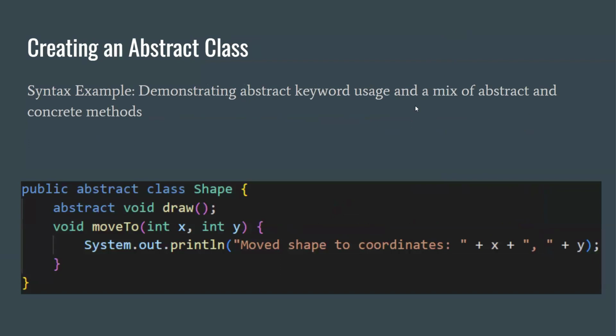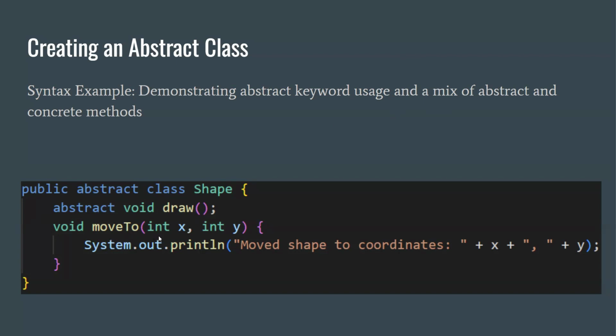Creating an abstract class. So we can look at how we can create an abstract class. One example is shape. The abstract class shape, you can see, can include both an abstract method called draw and a concrete method move to that accepts X and Y. So as we learned, draw must be implemented by subclasses.